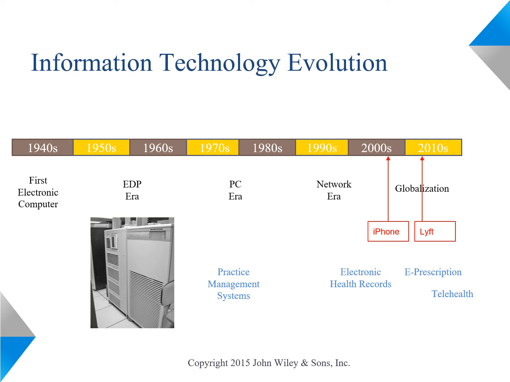When we look at the history of information technology and how it has evolved over the years, from the first computer that came about in the 1940s to mainframe computers that were essentially very large equipment that required dedicated air conditioning and very huge machines.